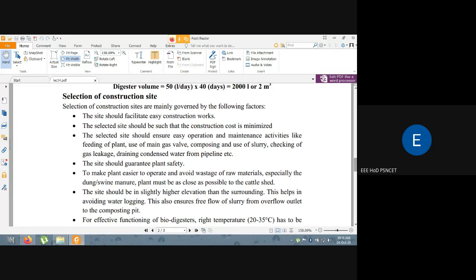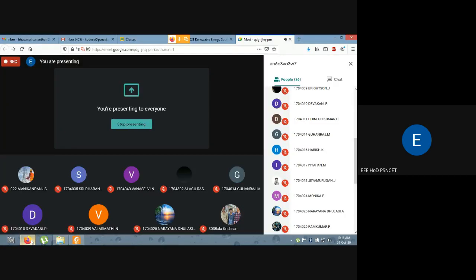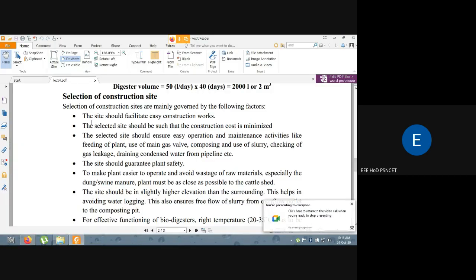So next thing is selection of construction site. It has some important factors to find the exact place to build a biogas plant. Initially, the site should facilitate easy construction work.